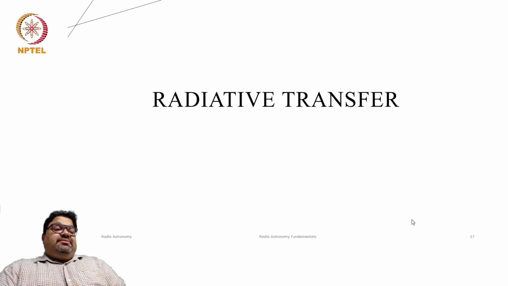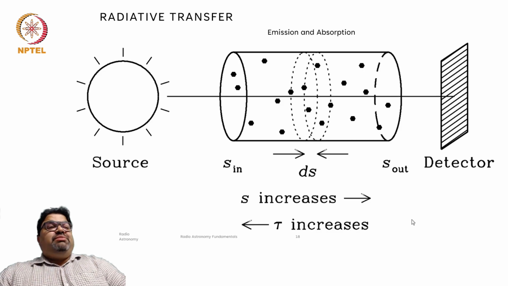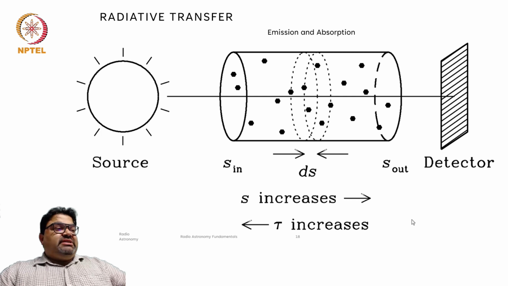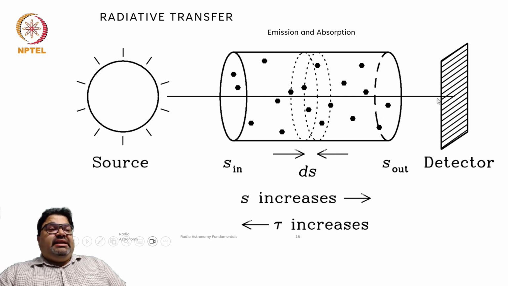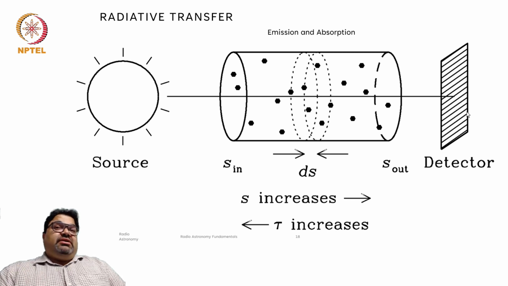So the next topic of today's discussion is radiative transfer, and this is how electromagnetic radiation propagates through a medium. Supposedly this is a source, towards the left, a star for example. It passes through an intervening medium before it reaches a detector, which can be a telescope or your eyes.